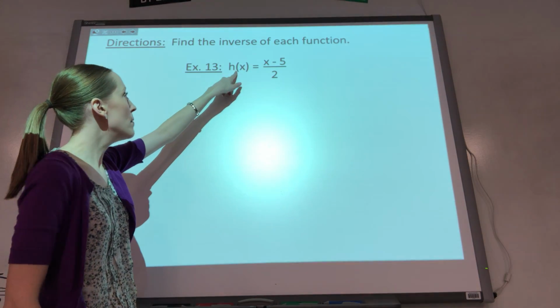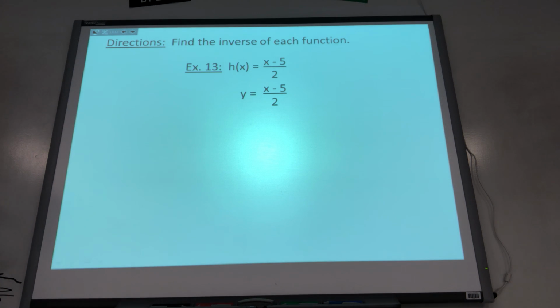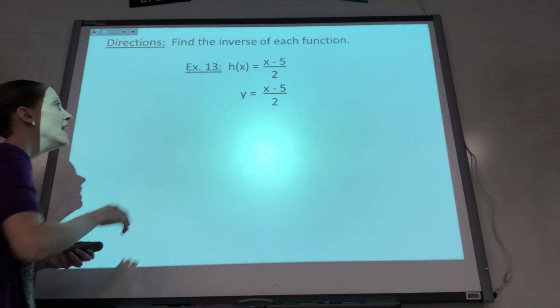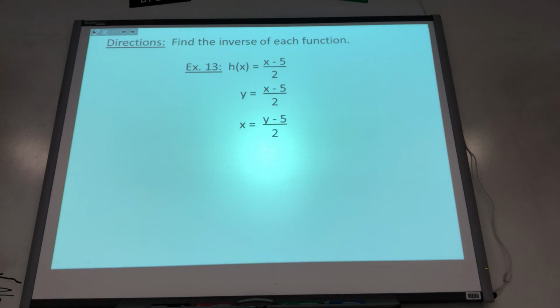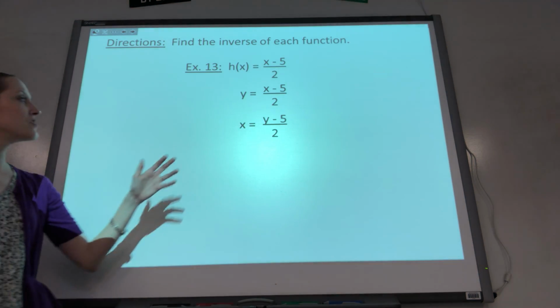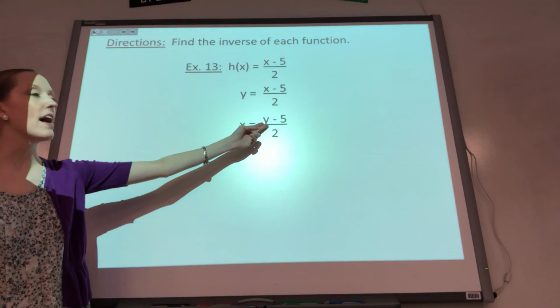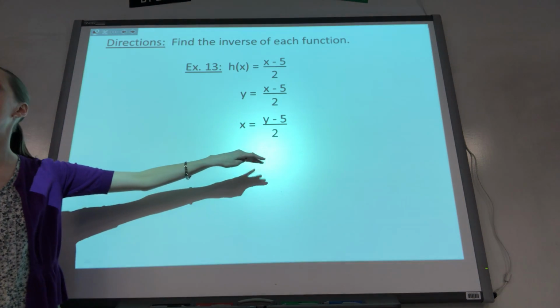But first step was to replace that part with y. Then we switched x and y. So now it's going to say x equals y minus 5 all over 2. And pretty much the last thing to do here is just to solve that for y. And so what would my next step have to be?